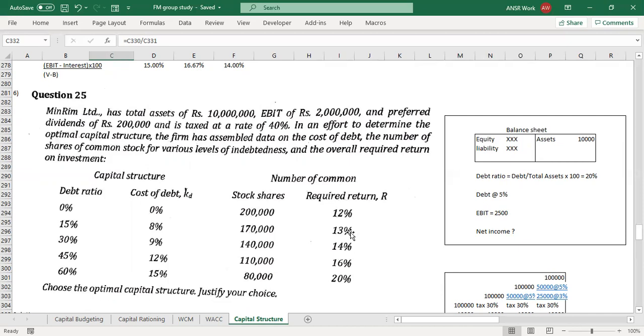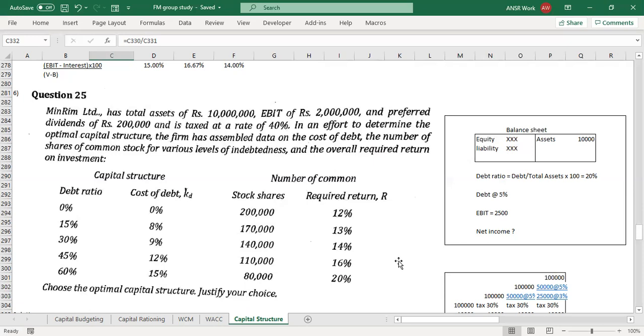Yes, the value of the firm can be calculated. But stock shares doesn't hold value unless we calculate EPS for this question, correct? That is absolutely correct. I'll tell you the relevance of EPS a little later, once you have done the WACC calculation and the value of the firm calculation.